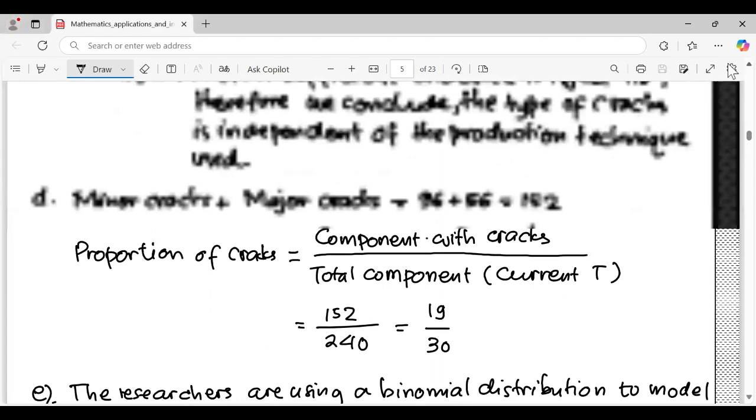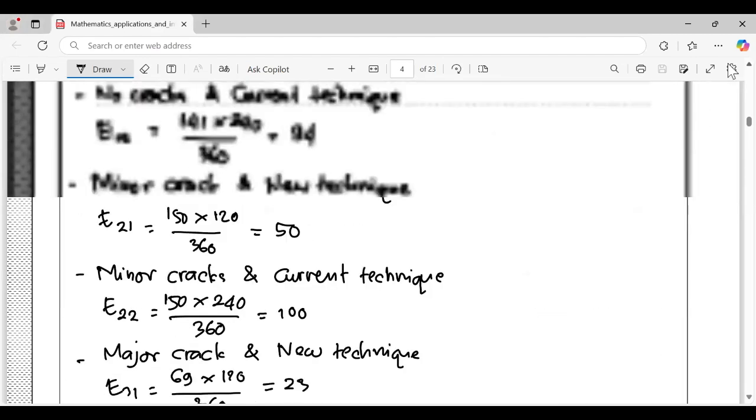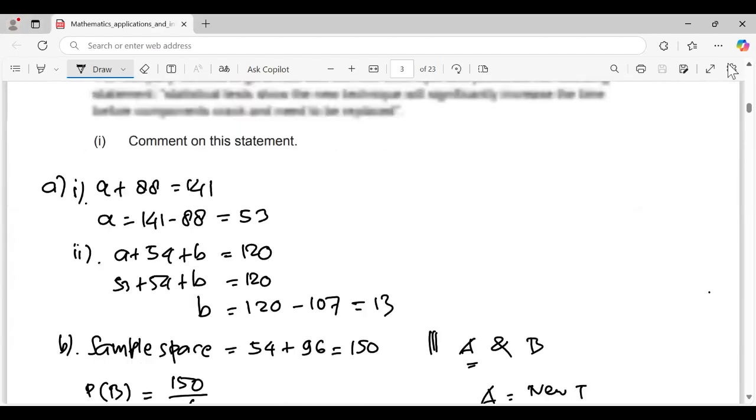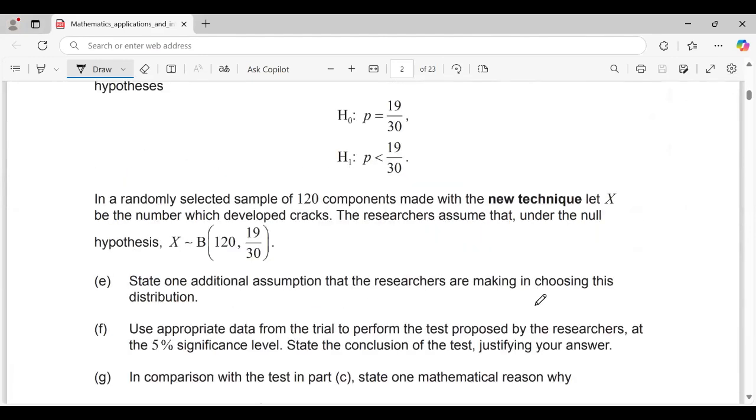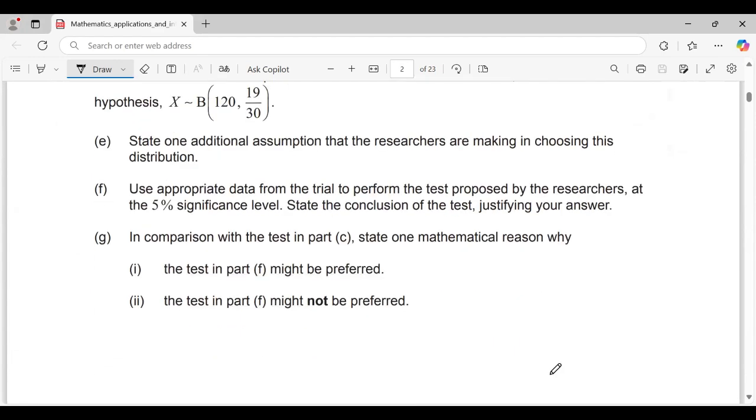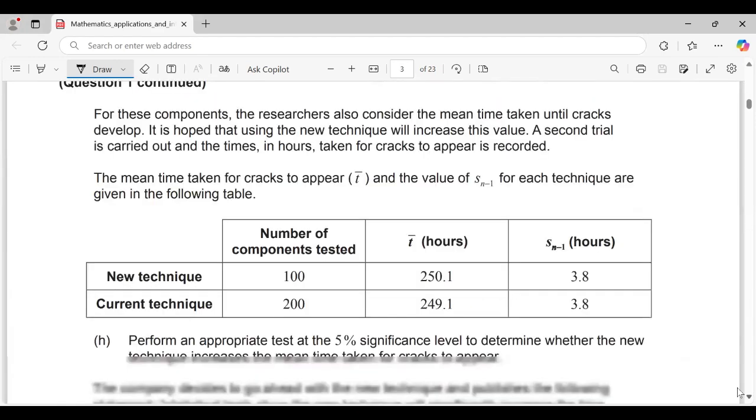Next question. Oh, just now is G. It means next H. For these components, the researchers also consider the mean time taken until cracks develop. It is hoped that using the new technique will increase this value.